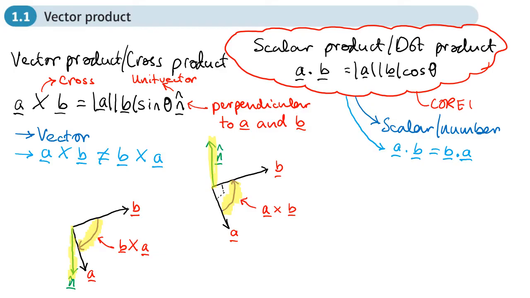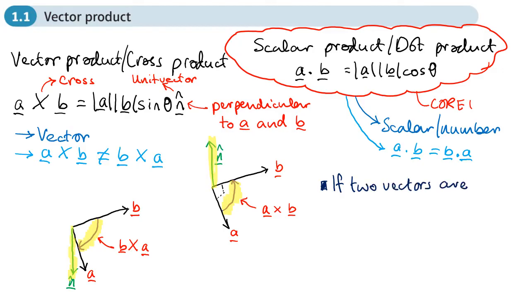If we've got two vectors which are parallel, then their cross product is going to be 0. We'll explore that in a moment.